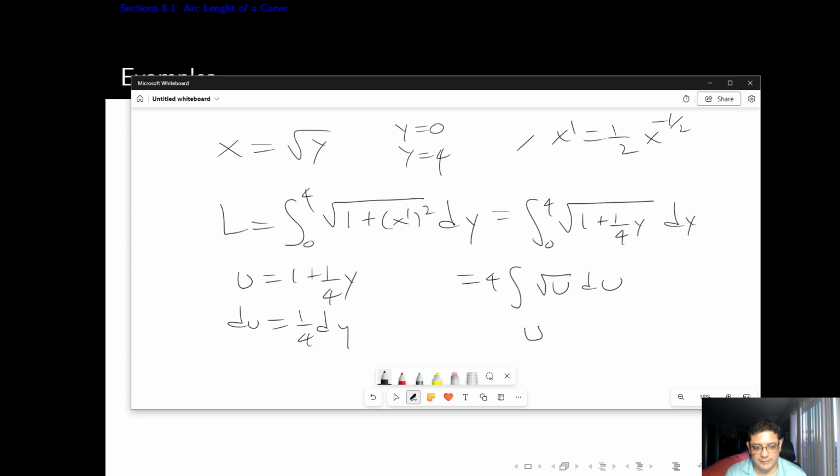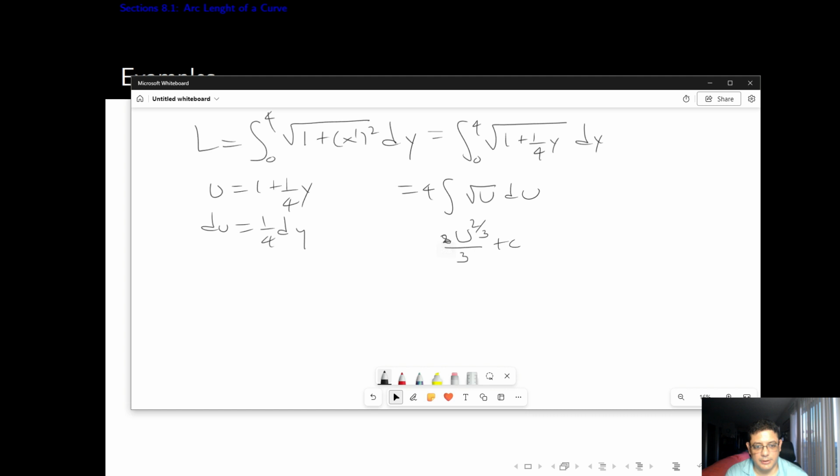Then this is 2/3, or 8/3 really, with everything, of u to the 3/2 plus c, or 8 over 3 times 1 plus 1/4 y to the 3/2 between 0 and 4.